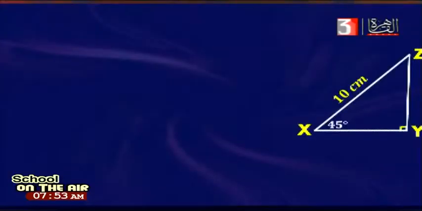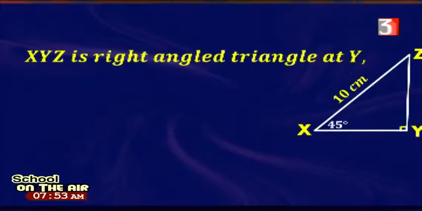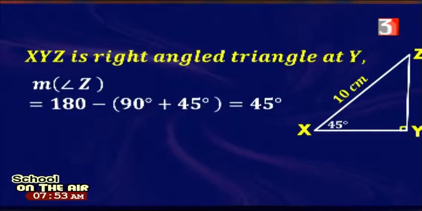This triangle will be isosceles triangle. Why? Because since XYZ is right angle triangle at Y, you can find measure angle Z. How? Yes, it is 180 degrees minus 90 degrees plus 45 degrees to obtain a result as 45 degrees.